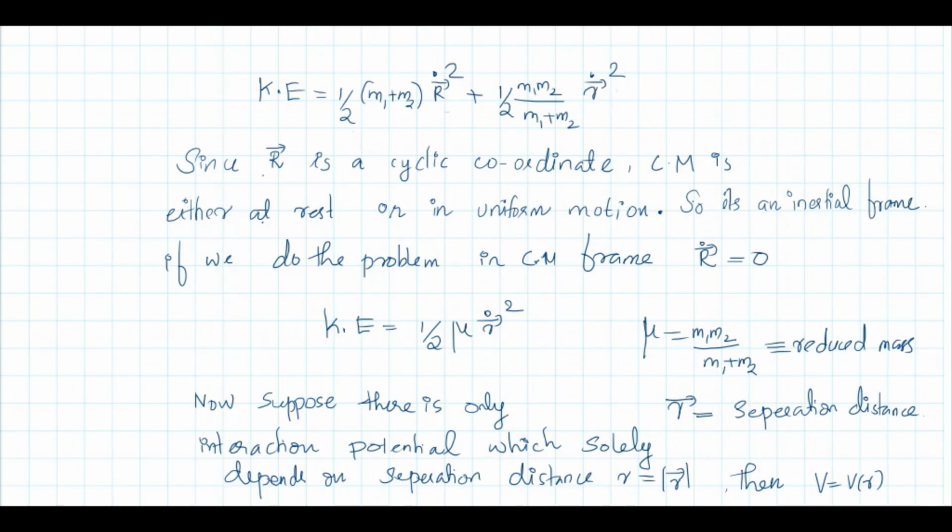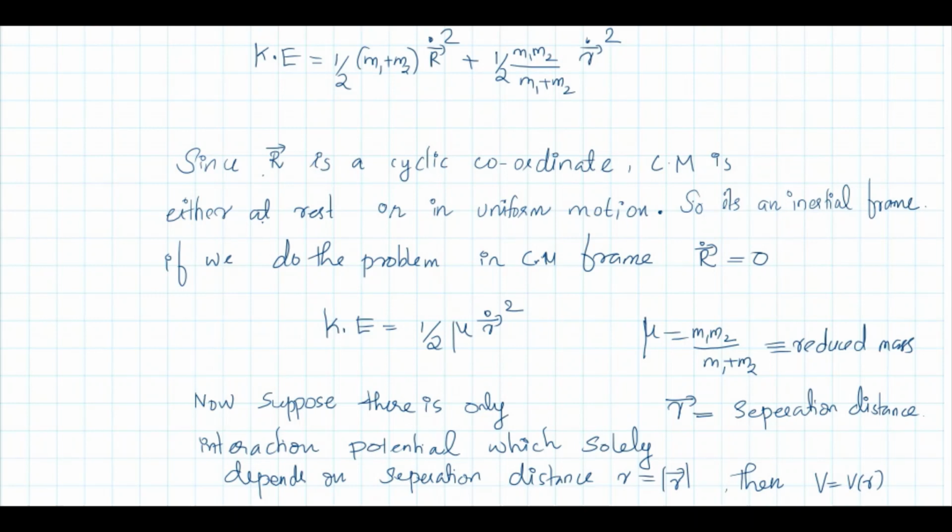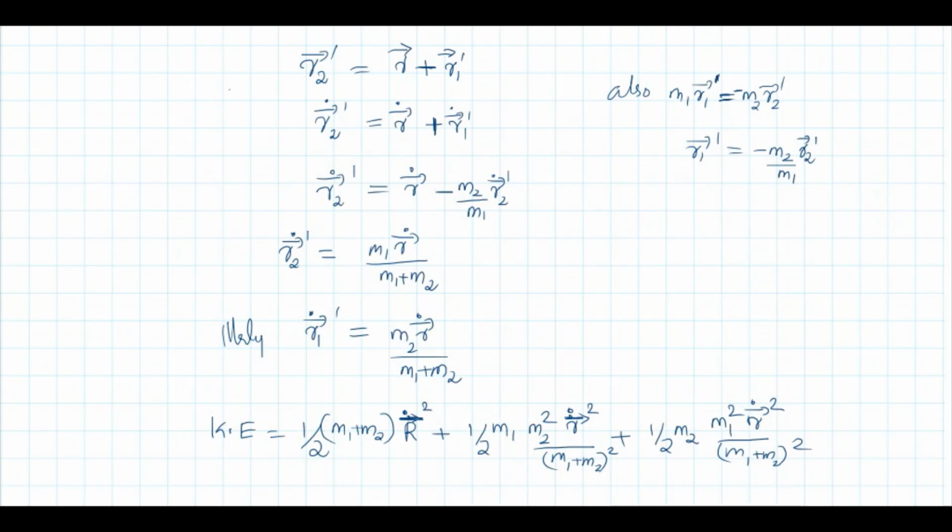Now you can write the Lagrangian. So L is actually T minus V: half m1 plus m2 R dot square plus half m1 m2 by m1 plus m2 vector r dot square minus V of r. In a central force problem, the potential depends only on the distance from the force center.